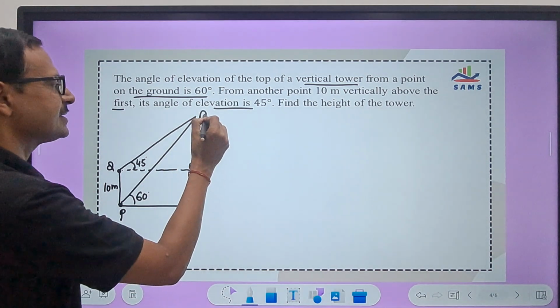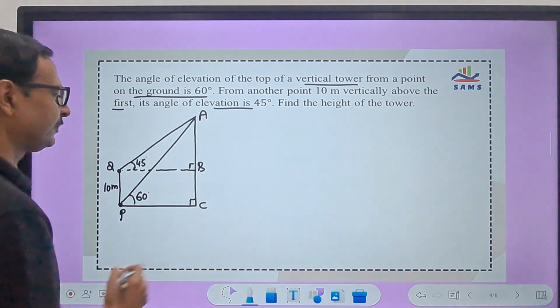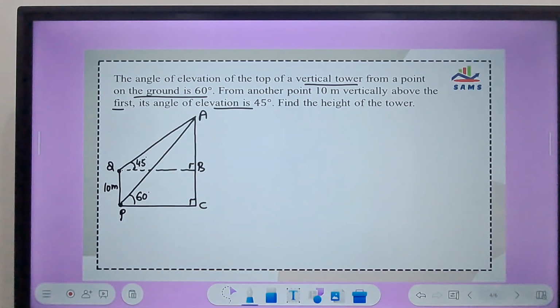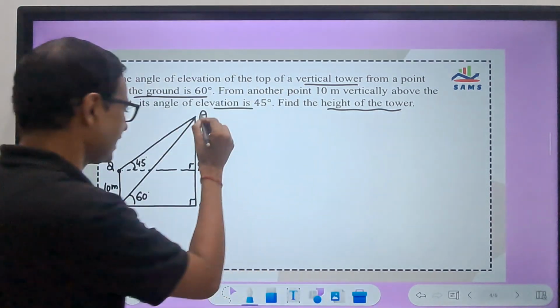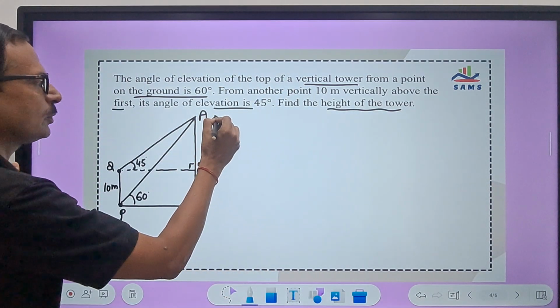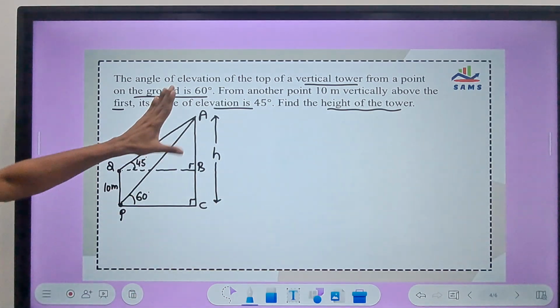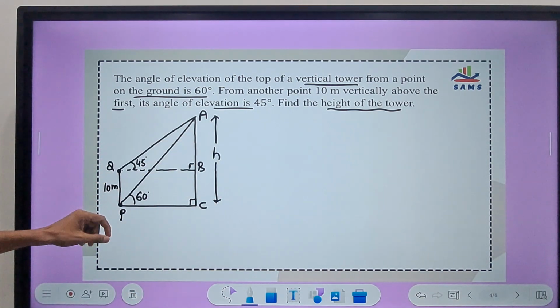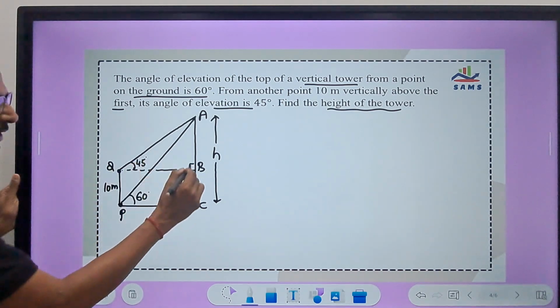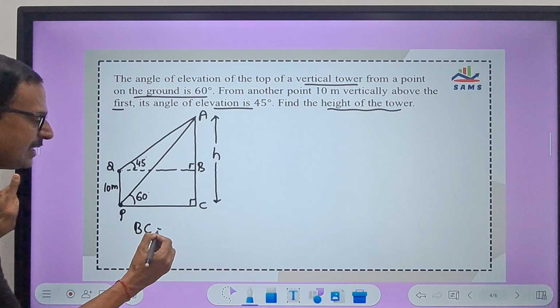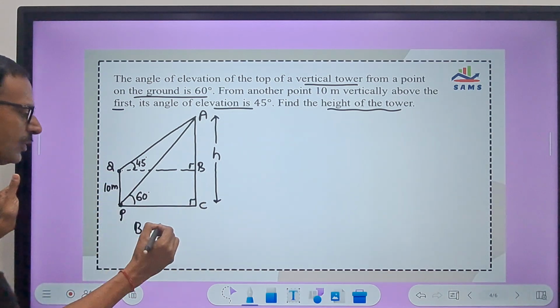So let's name it as A, B, C, right? And we need to find the height of the tower. So this height is to be found out. So let's assume that this height is H. Again, you have to write everything. What is AC, what is PQ, and what are the angles given here. And now, if you see the figure here, the side BC, this side is actually equal to PQ, right?